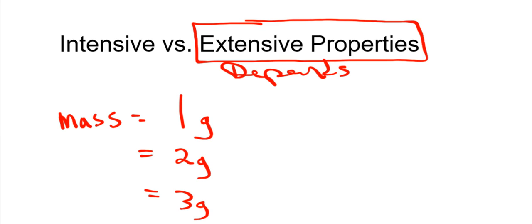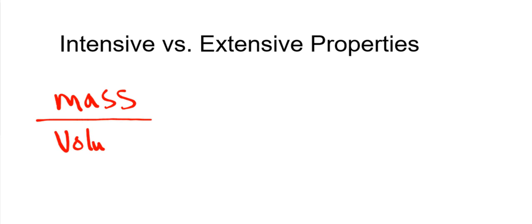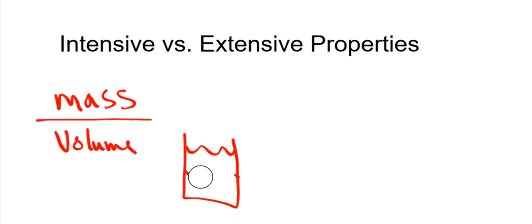All right? Now, I want to use mass as another example here to kind of clarify this as well. If we take mass, which is an extensive property, and we divide it by volume, which is an extensive property as well, because the volume of Mountain Dew in my cup is directly related to the amount of Mountain Dew in my cup.